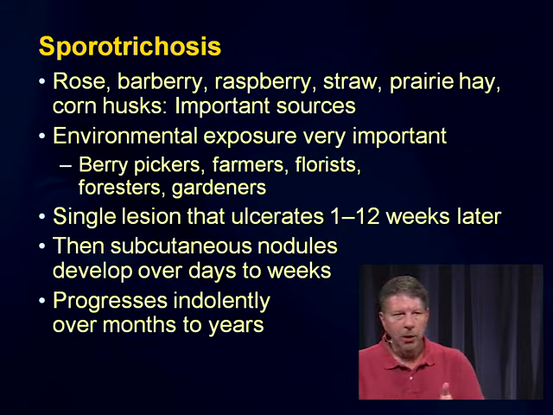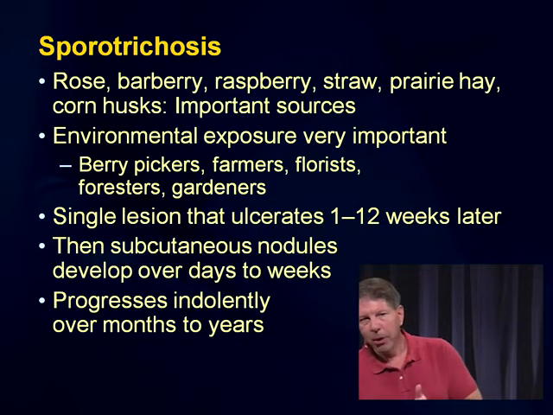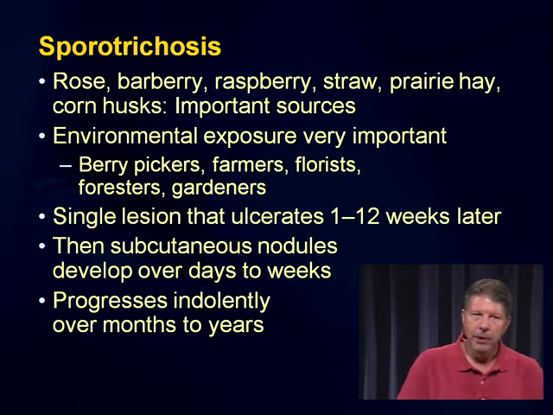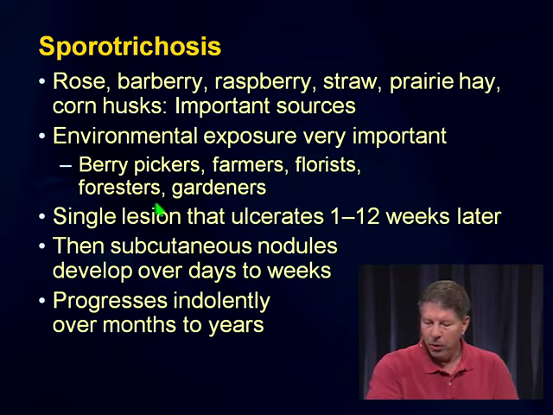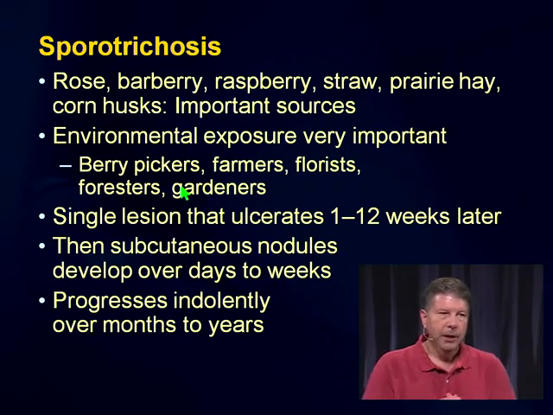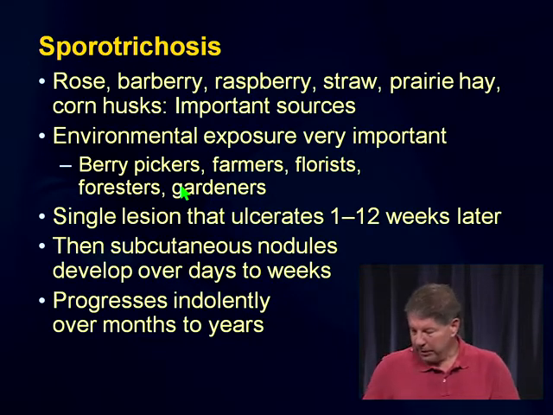Or it could be a gardener or some kid working part-time in a florist shop with roses. These are the kinds of environmental exposures that are important. Or they're an immigrant kid and they go and pick berries every year with the family during harvest season. So you get the single lesion, it ulcerates, and then they get these nodules that develop, and it progresses.